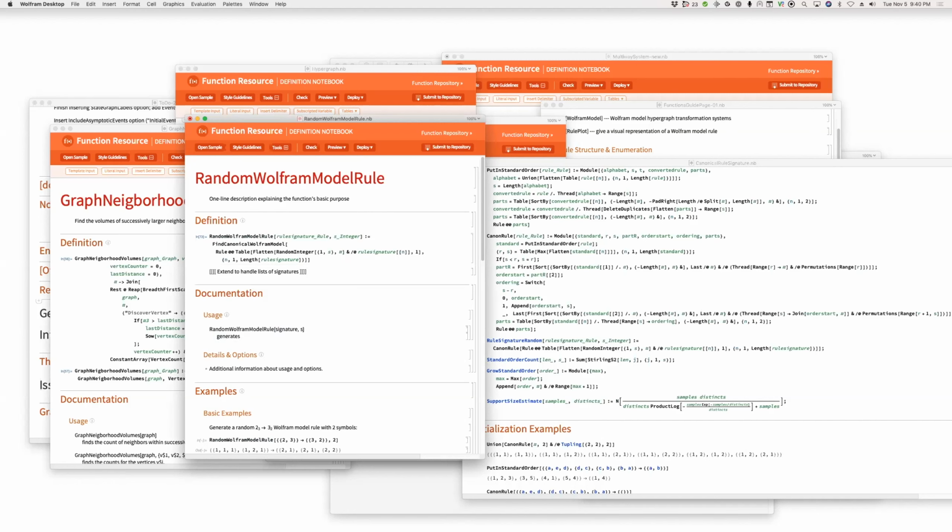Generates a random Wolfram model rule with the specified signature and S possible symbols. Signature, wait a minute, slash out.